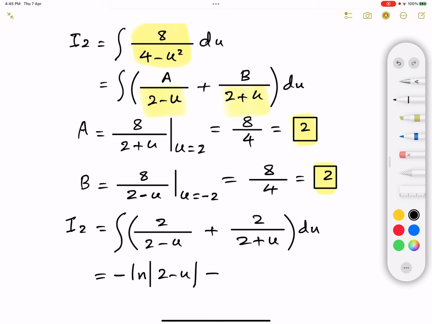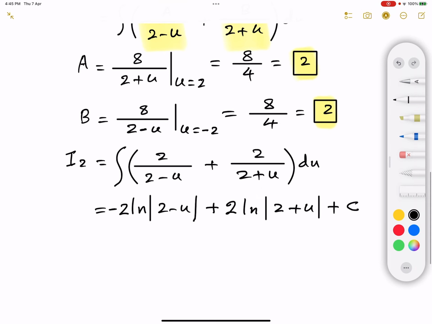And then the second part, we have the derivative already. Of course, there's a 2 here that we forgot. Don't forget the 2, so minus 2 here, and plus 2 here, the natural logarithm of the absolute value of the denominator, which is 2 plus u, plus c, of course. Here we have two natural logarithms that are subtracted from each other.